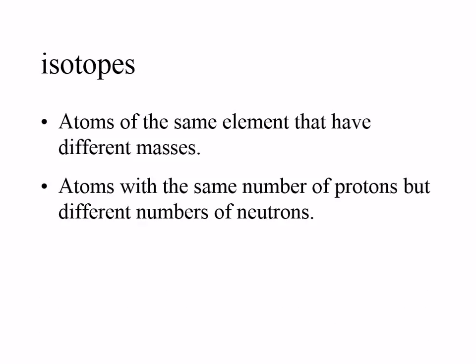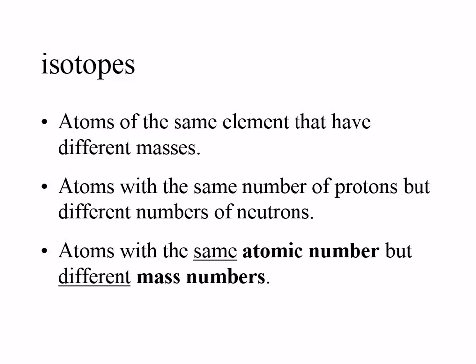So isotopes are atoms of the same element that have different masses because they differ by the number of neutrons present.